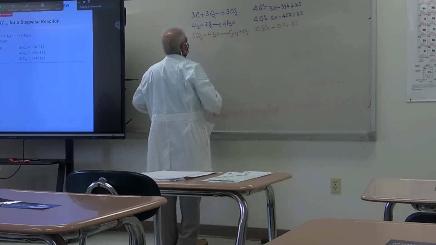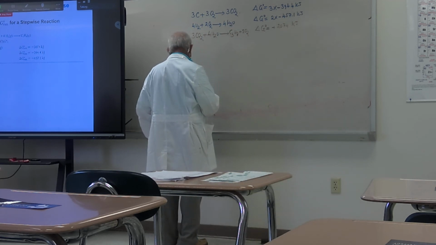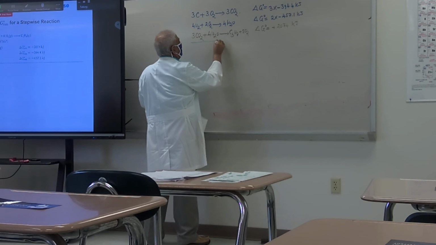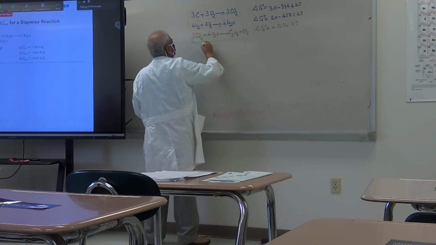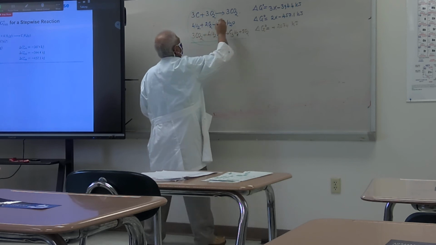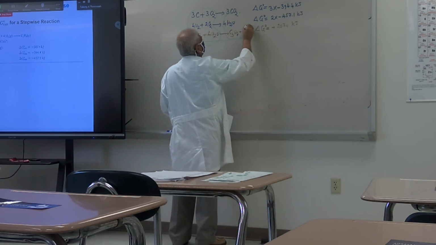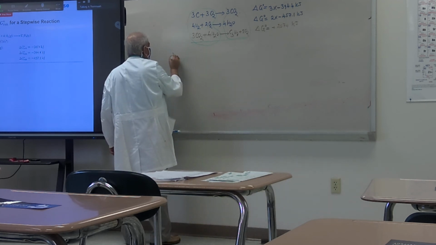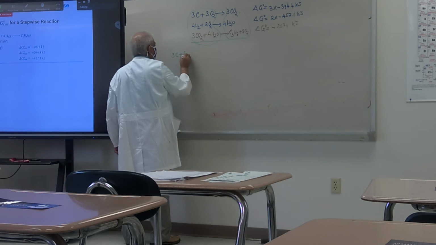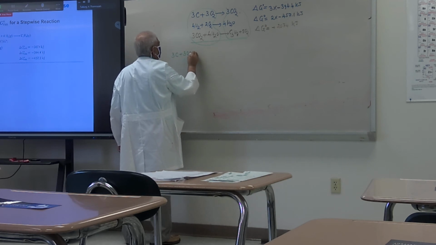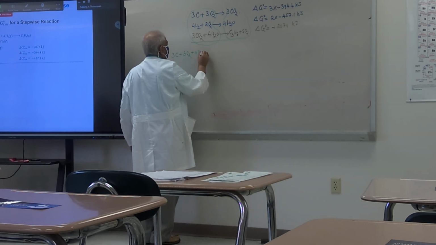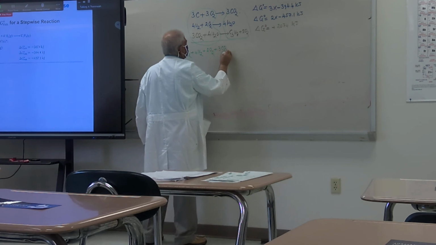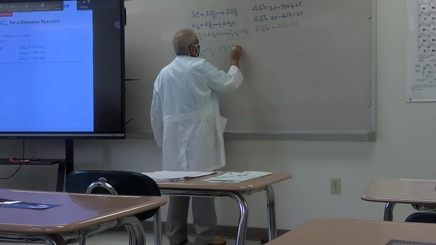Now what you do is, I am going to add all the left side first, and then I am going to add all the right side. So if I add them, I'm going to get 3C plus 3O2 plus 4H2 plus 2O2 plus 3CO2 plus 4H2O.